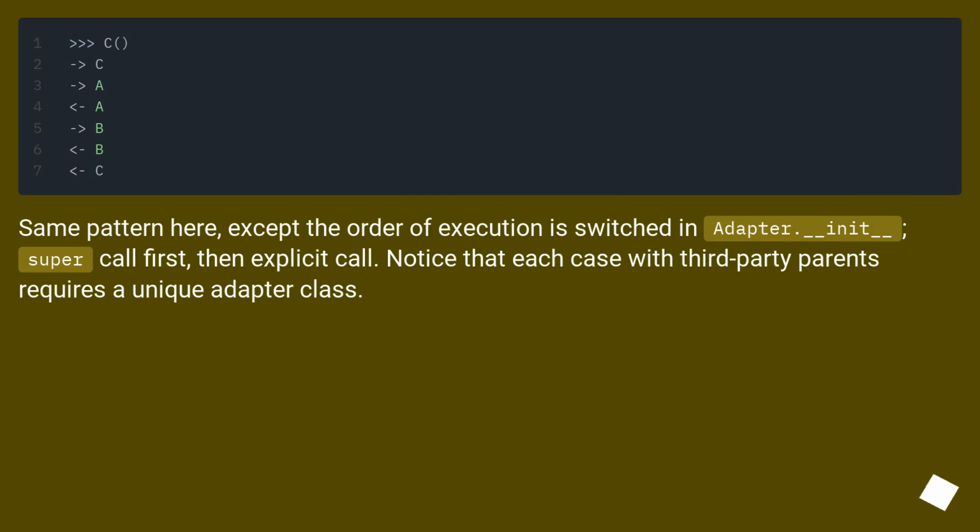Same pattern here, except the order of execution is switched in Adapter.__init__: super call first, then explicit call. Notice that each case with third-party parents requires a unique adapter class.